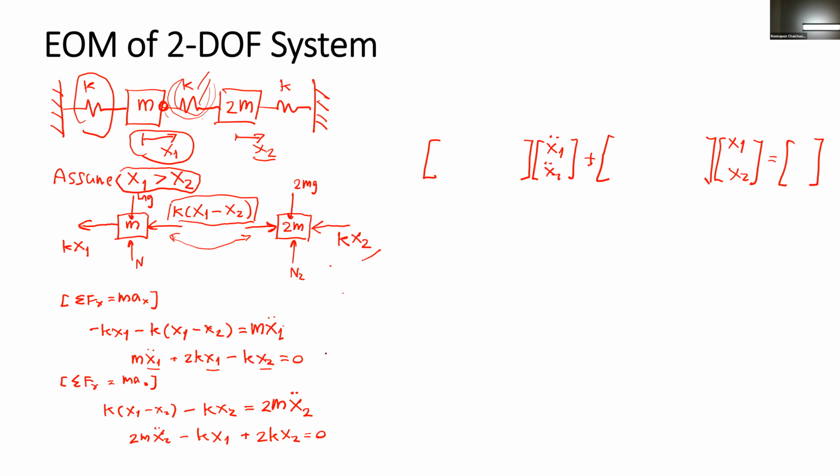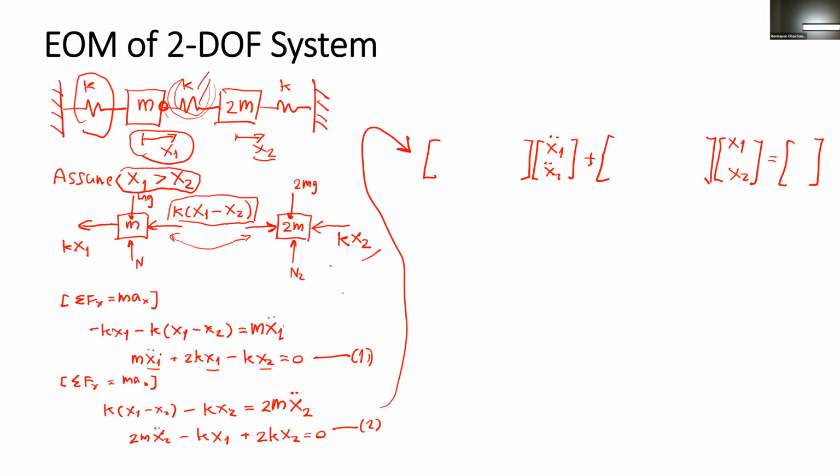Okay, from these two equations of motion of two generalized coordinates x1 and x2, if we want to write it in one matrix equation of multi-degree of freedom, we need to transform these two equations into the matrix equation.